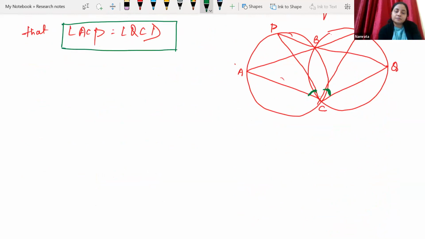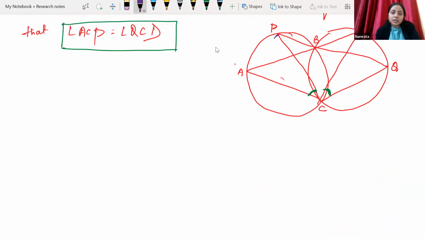What to do? Any idea what to do over here? See what can be done. So let's do one construction by ourselves.